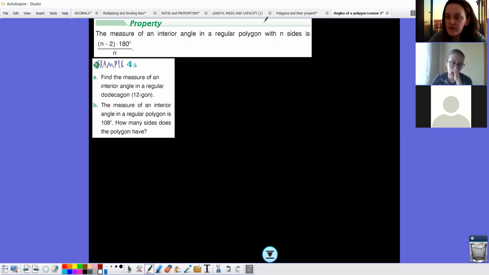So if you have a regular polygon and you want to find the measure of only one interior angle, you will use this formula: n minus 2 times 180 over n. Okay? So here it says find the interior angle in a regular dodecagon, which has 12 sides.